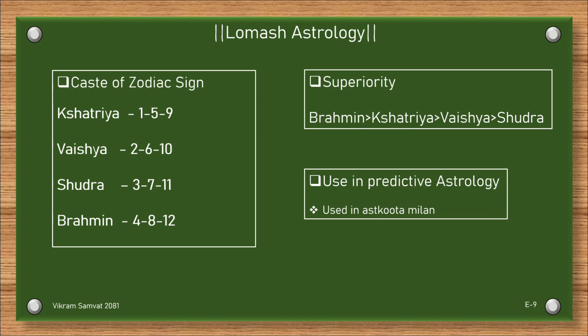If it is 2, 6, 10 as the moon sign or ascendant in a person's horoscope, then he may be involved in trading or business, because that is the Vaishya's quality. And similarly, for the teaching profession, he should have a Brahmin's quality, like 4, 8, 12.